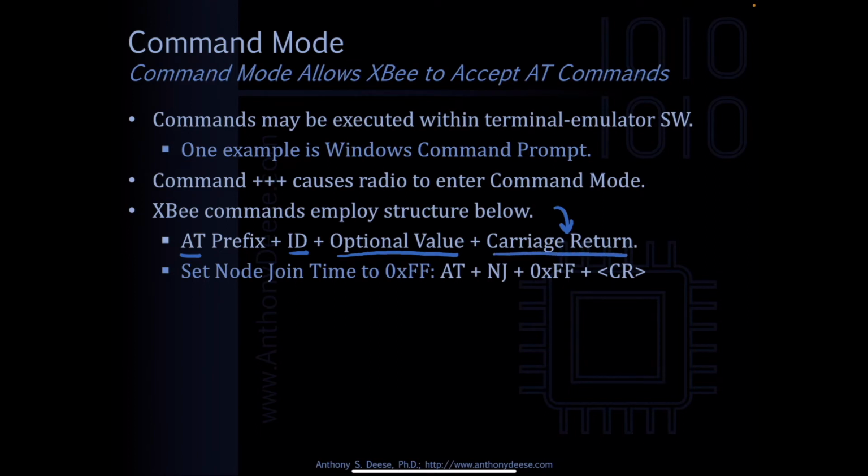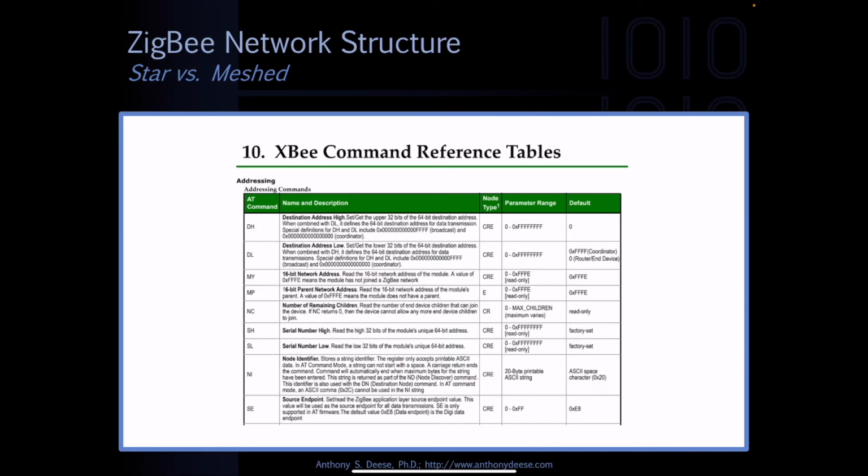So let's say, for example, we want to set the node join time of the radio, which has the ID NJ, to a value of 0xFF. That's its maximum value. We would define the command as AT, then the ID, which is NJ, then the value, which is FF, and then the carriage return. And that would set the node join time to its maximum value.